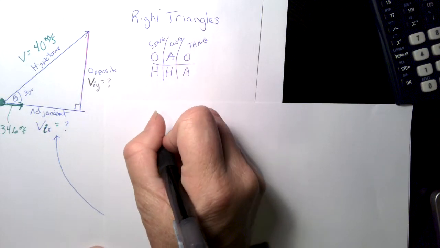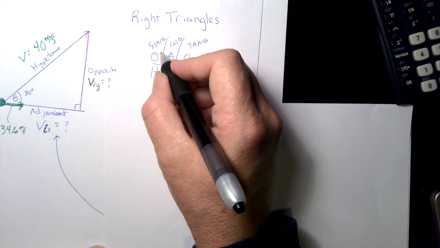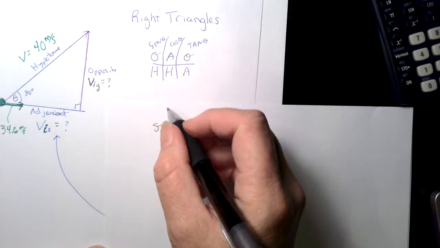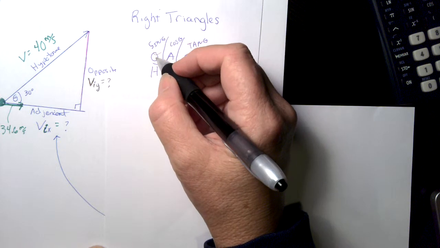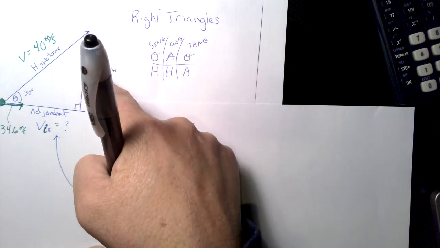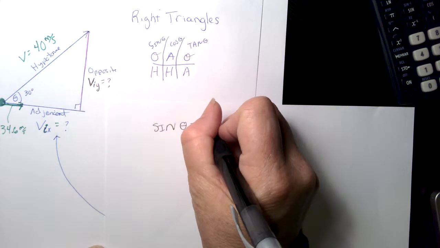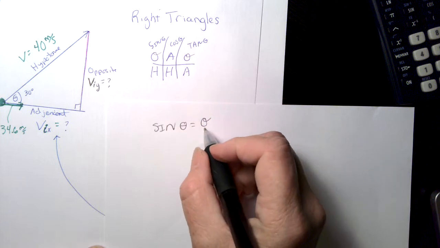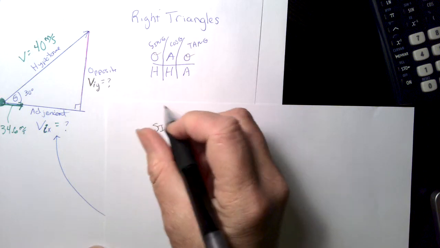So now I'm gonna put sine, because that has the O for opposite. That's an O. Make a little curly Q. So sine theta equals the opposite length. In our case, it's going to be velocity. Make a little curly, so it doesn't look like a 0. And then the hypotenuse.